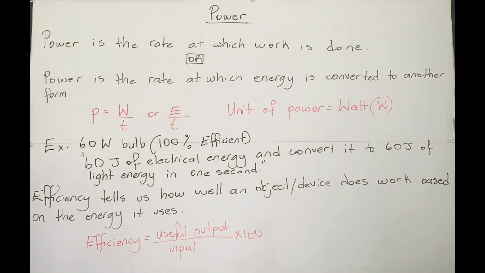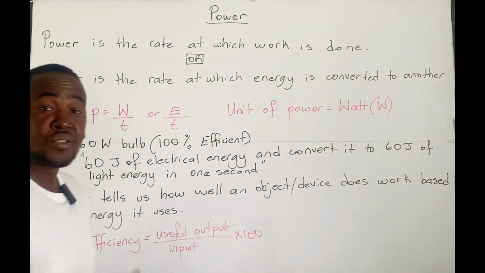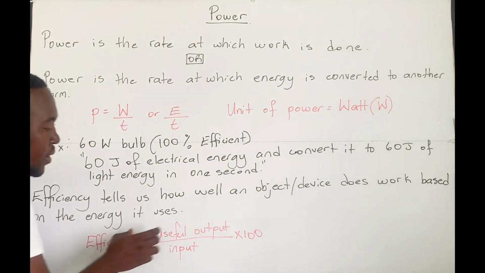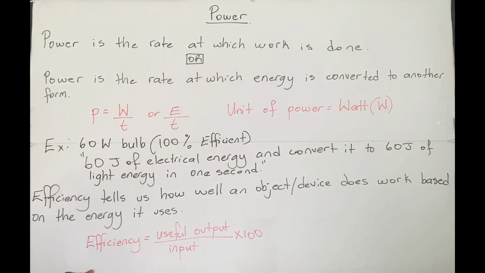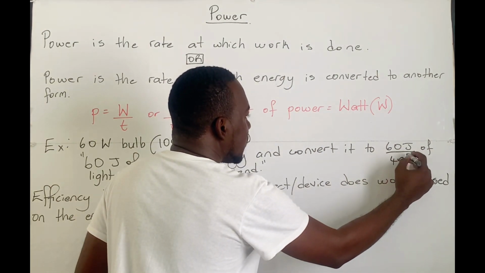So that's where we lead into efficiency. Efficiency tells us how well an object or device does the work based on how much energy it uses. We find efficiency from the useful output. In the simple case here, instead of 60, it produced 40 joules of light.